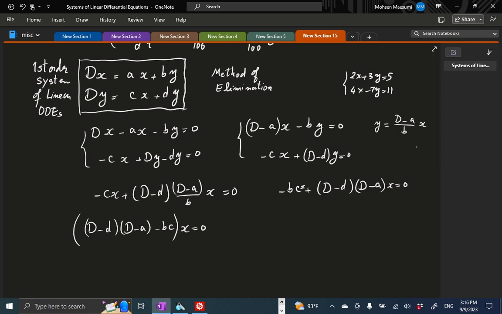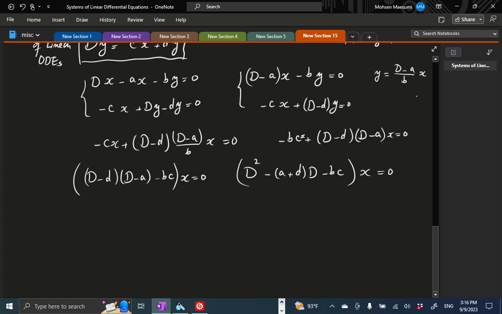So we are treating D just like a parameter. When you multiply this out, what do you get? You get D squared, D times D, D squared, dA and dD, a plus d times D. This is just a number, minus bc. Whole thing times x is equal to 0.